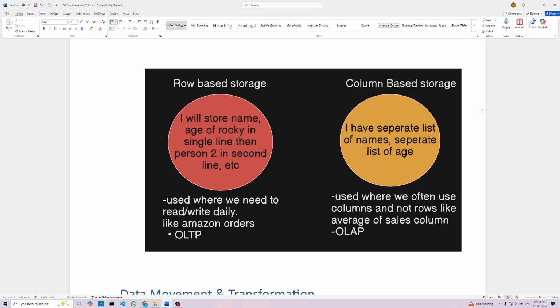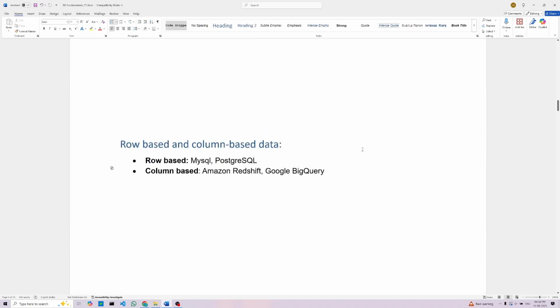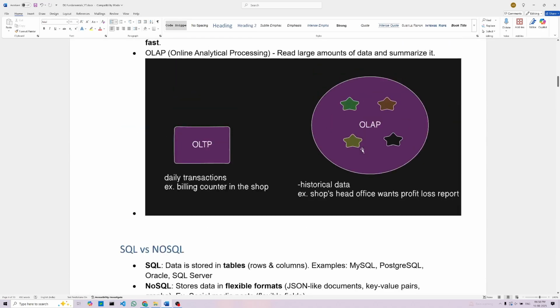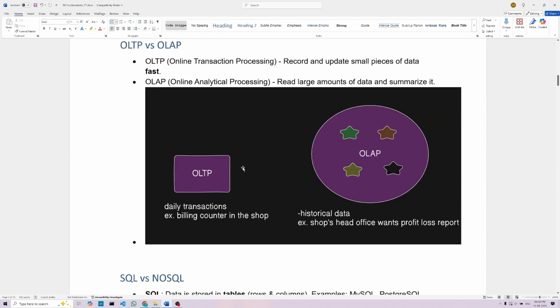Yes, I'll just show you. See, OLTP means daily transactions, and the example was the billing counter in the shop. And OLAP is historical data. Let's say the general manager of a company wants to see the profit loss report at the end of the month or at the end of the year.